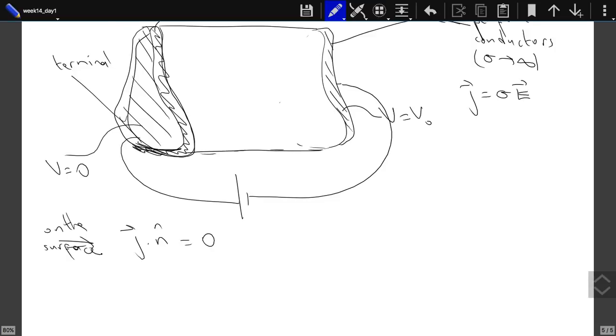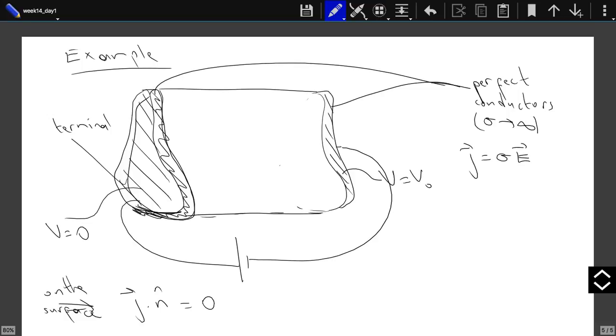Here, you see, J is the current passing through a surface per unit amount of time, the charge passing through a surface per unit amount of time. Now, I have this surface. I look at the normal component of the current. Well, the current is not getting out of my conductor. It's always inside my conductor. So there's no current running out.